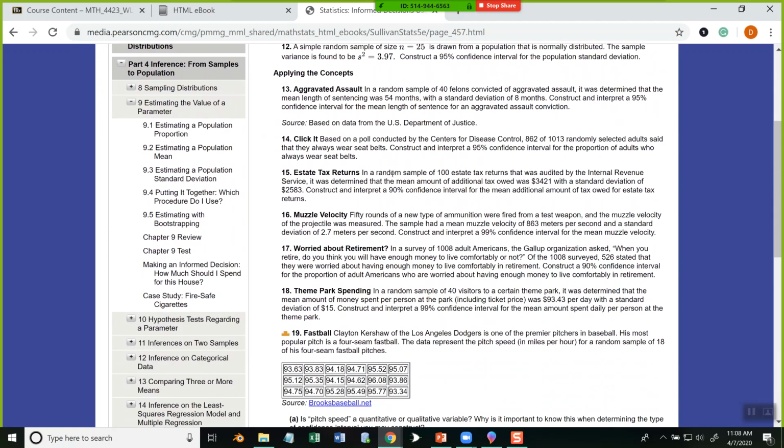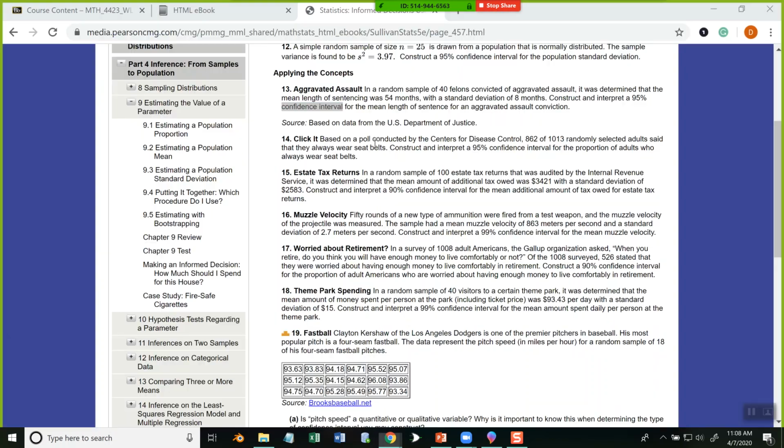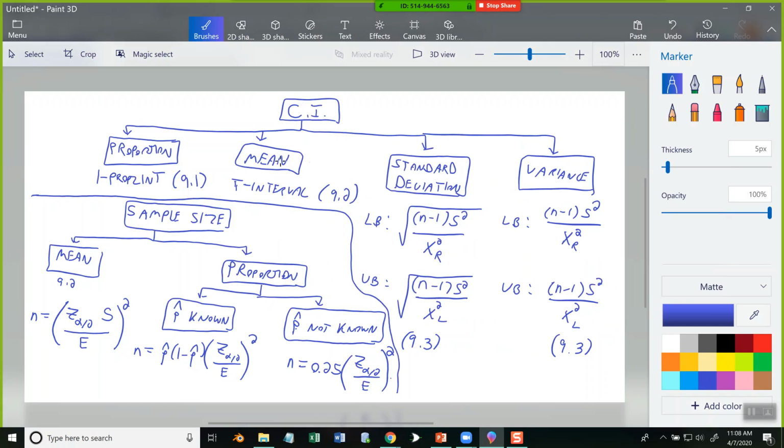So number 13. Construct and interpret a 95% confidence interval. Well, that tells us we're right here on this flow chart. So confidence interval for the mean. We're down here at the mean, and that tells us we would use t-interval.